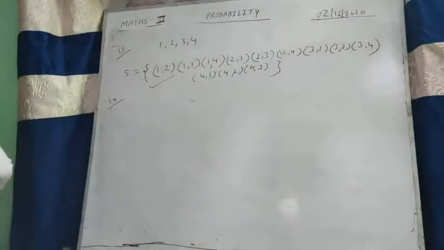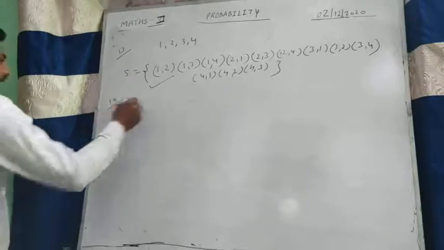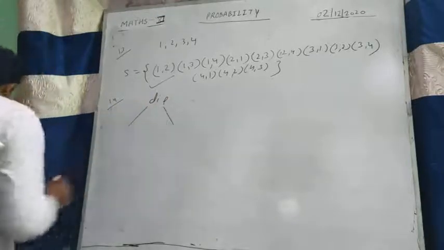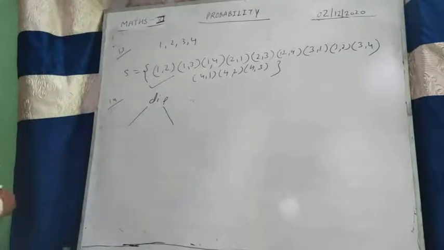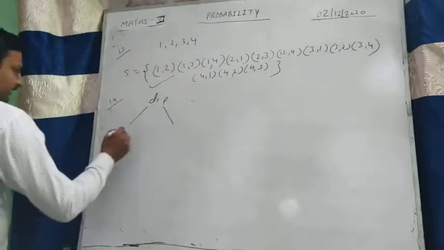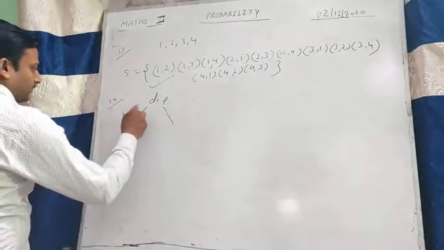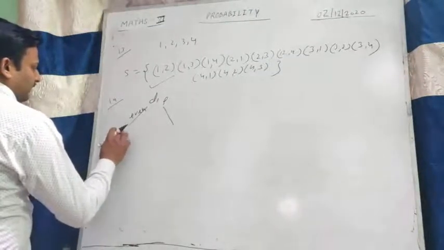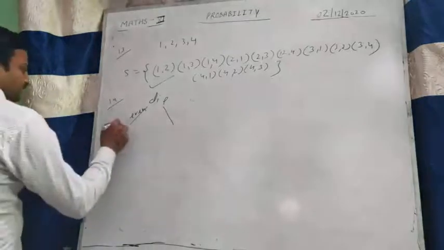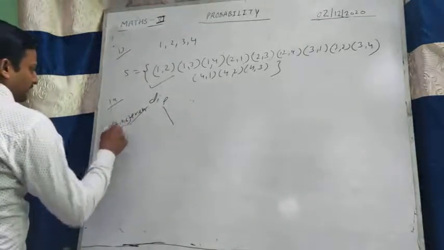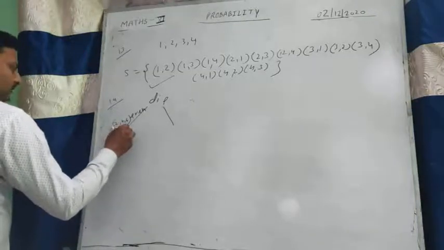Now the next question. An experiment consists of rolling a die and then tossing a coin once, if the number on the die is even. So the question says that an experiment consists of rolling a die and then tossing a coin. If the number is even, meaning 2, 4, 6, then we toss a coin once.